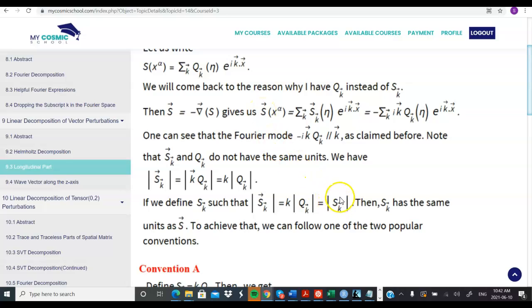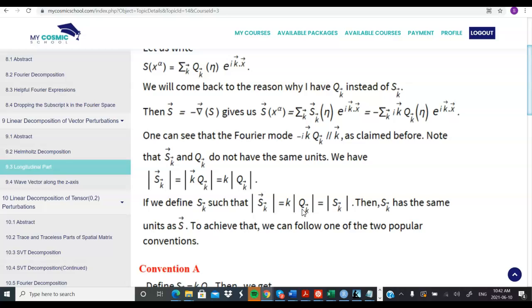And that means, how is this scalar sk related to qk? Through all this mathematics, you can see that k times the absolute value of qk is equal to the absolute value of sk. So what is sk now? Sk is something whose absolute value is k times the absolute value of qk.